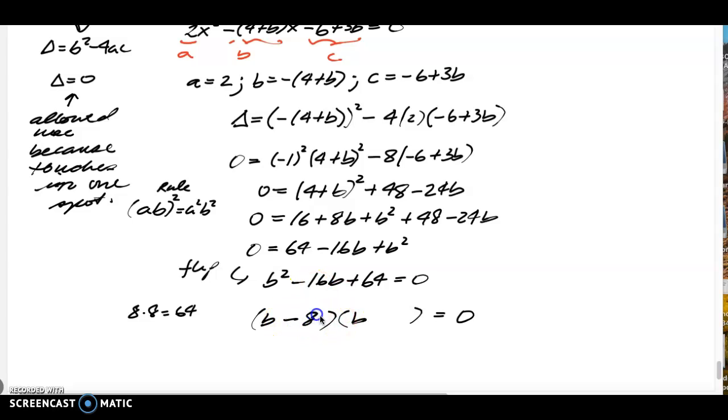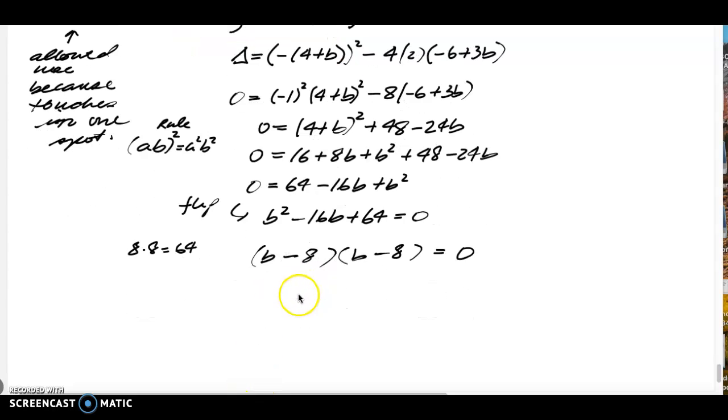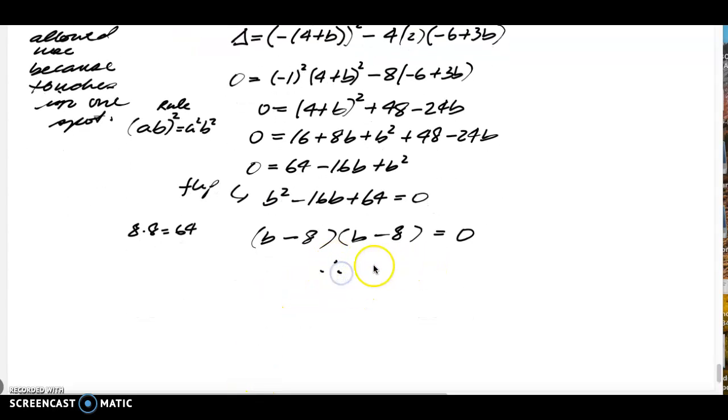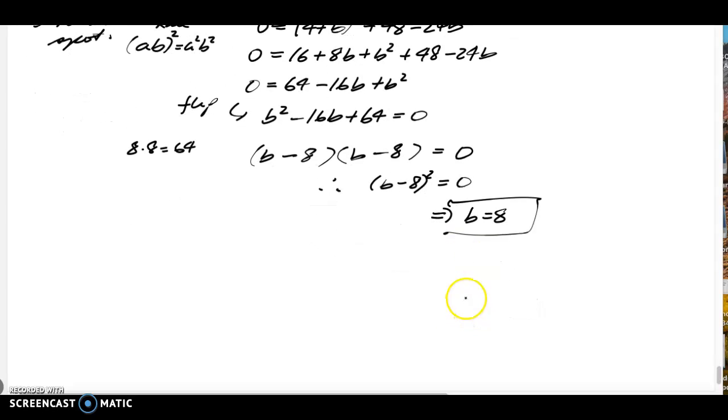Well, negative 8 and negative 8 will do it. So if you test it yourself, you'll see. That means, therefore, we just have b minus 8 squared equals 0, which implies b is equal to 8. Ha! That's one of them.